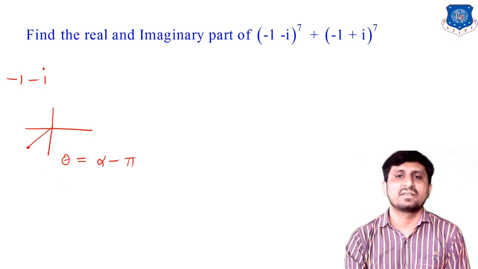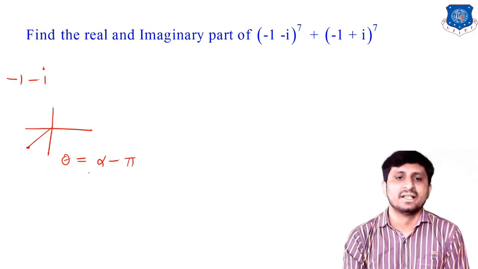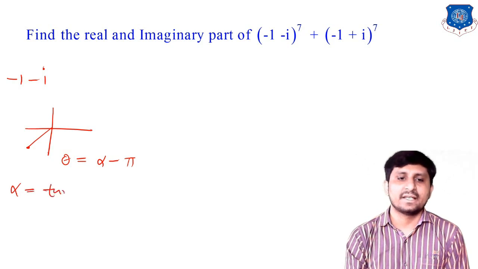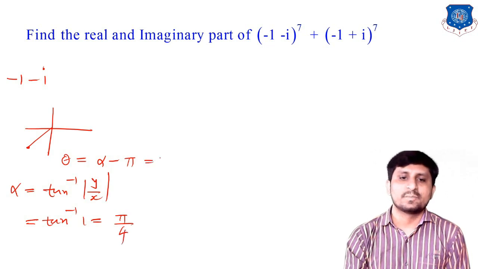This is just rough work so you can easily understand. And what is my alpha? Alpha is tan inverse of mod y by x. In this case alpha is tan inverse 1, and the value of tan inverse 1 is pi by 4. So this is pi by 4 minus pi.